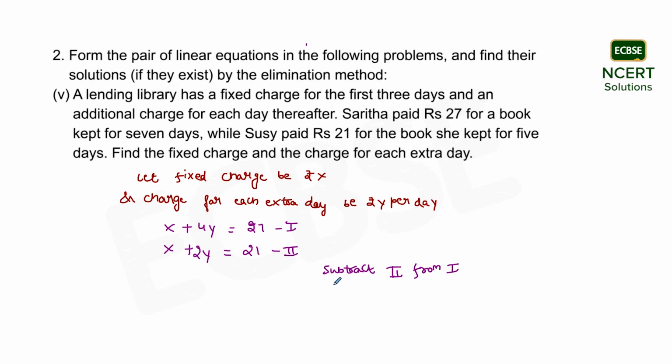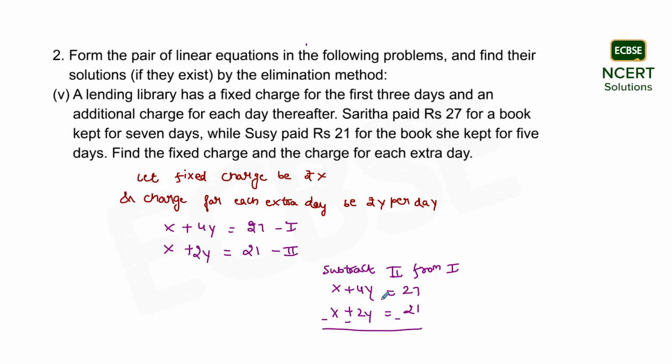So writing the first equation, that is x plus 4y is equal to 27, and the second equation is x plus 2y is equal to 21. In order to subtract the second equation from the first equation, we need to alter the sign of the second equation. That is, here it will be minus, minus and minus.